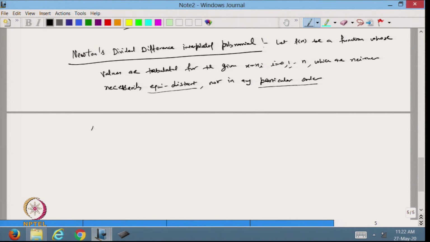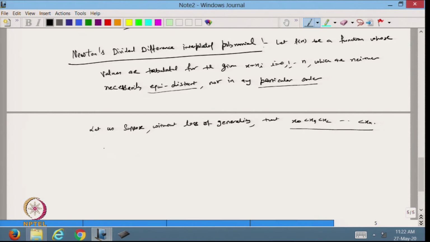Now, let us suppose without loss of generality that the ordering is this one, x0 is less than x1, x2 less than xn. So, we put that in the ascending ordering.